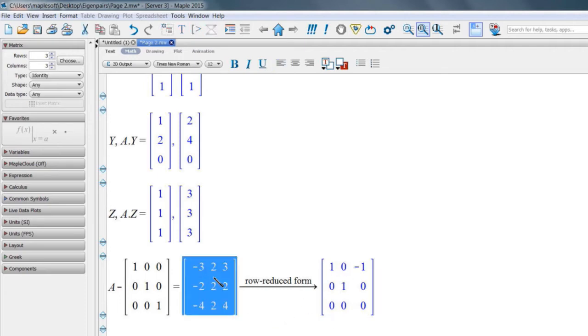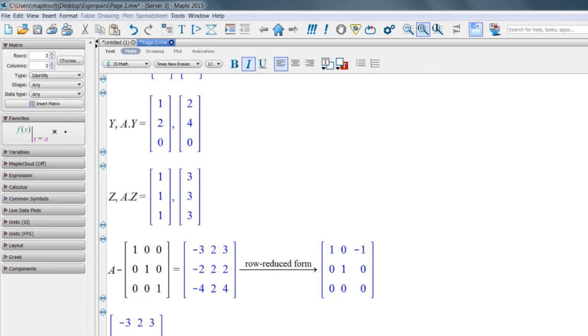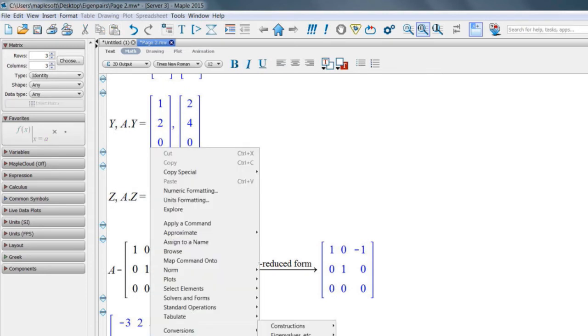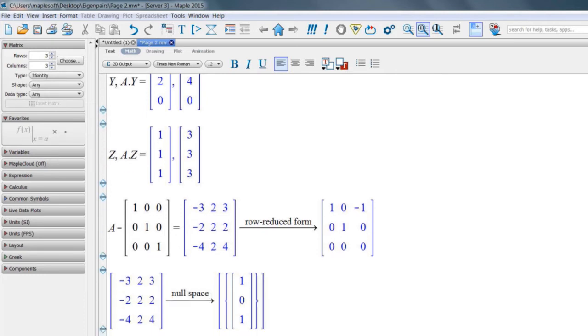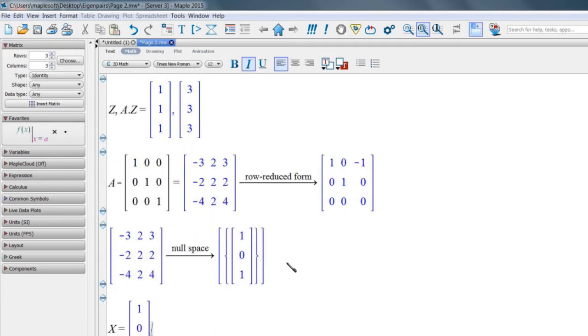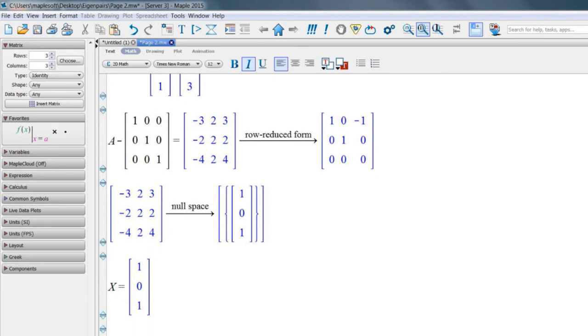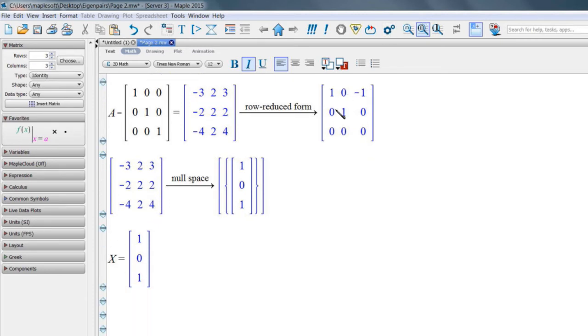And from that row reduced matrix, you are supposed to find the solution of A minus 1 times I x equals 0. You're looking for solutions of homogeneous equations. You're looking for a basis for the null space. This is the null vector that results, and I believe that is the vector x, is it not? Okay, so let me push this up the screen a bit. So how do you get from this row reduced matrix to this null vector?